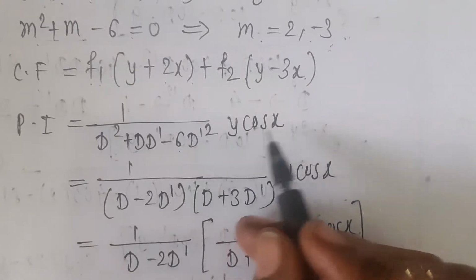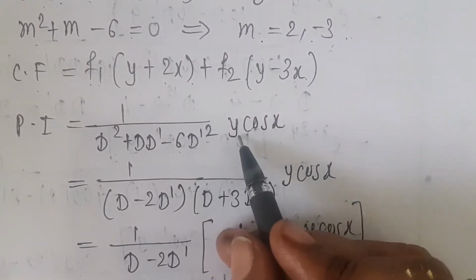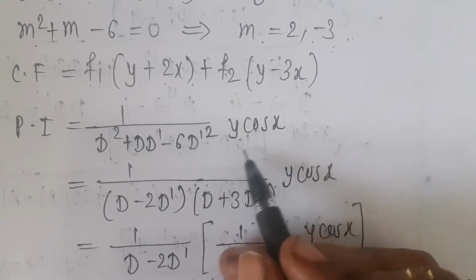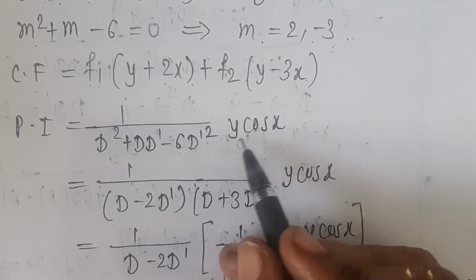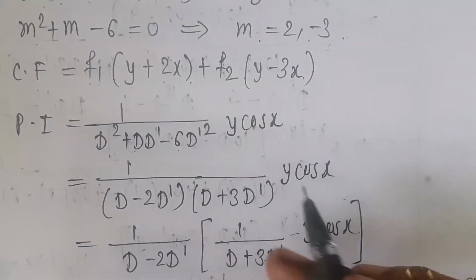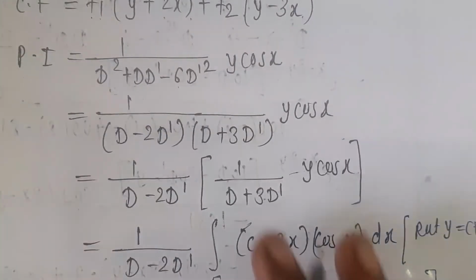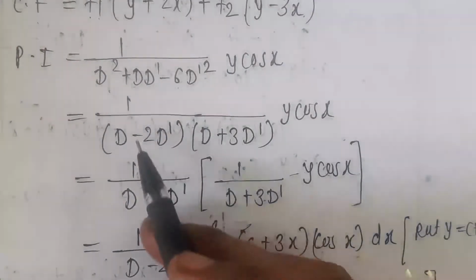So you can use it for (y + 1) sin x, or y² cos x, or (x + y)² cos x, or x cos(2x + y). For all of these you can use the general method. The general method is applicable to the maximum number of problems also.